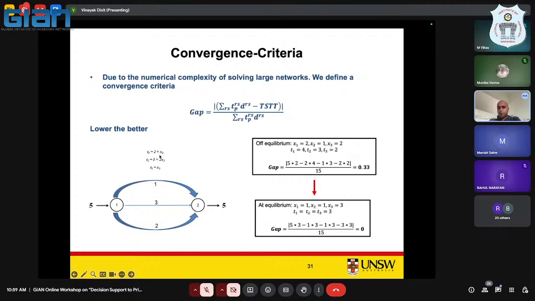Okay, so now let's take an off equilibrium. An off equilibrium set of numbers. So you have 2, 1, 2. So what is that? This will be 2 plus 2, 4. This will be 2, and this will be 2.